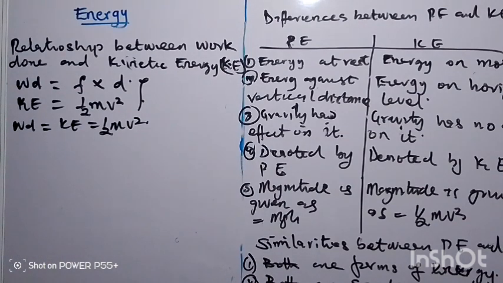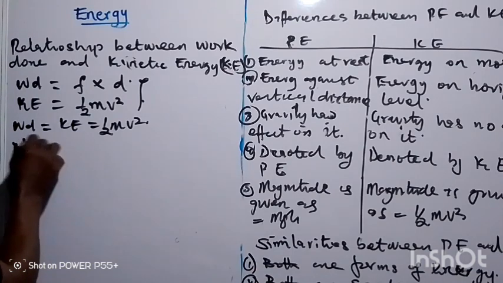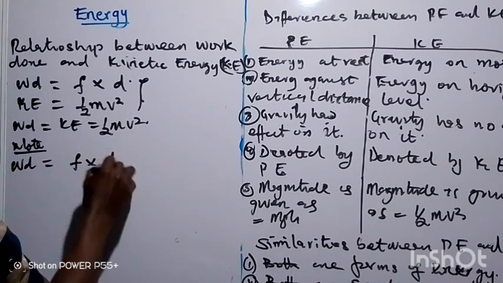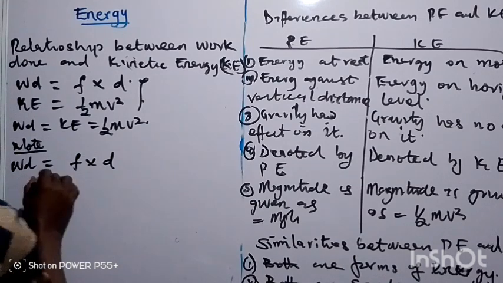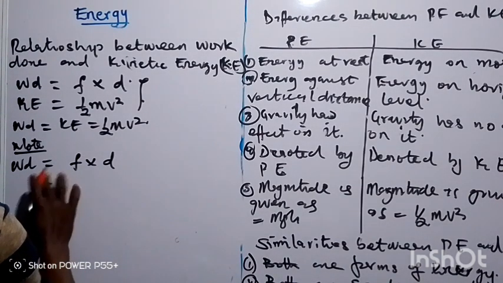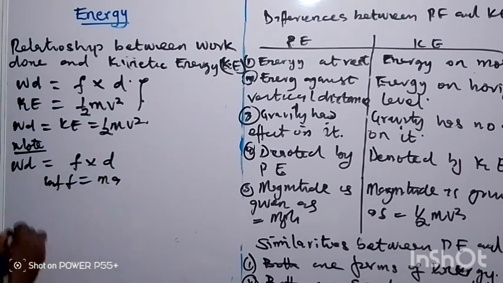To start with, note work done already we know is equal to force multiplied by displacement. And force, as we know, F is equal to ma. So we can now say work done is equal to mad.